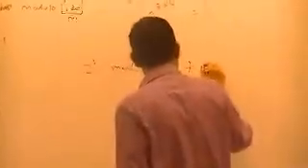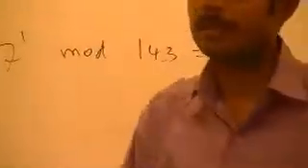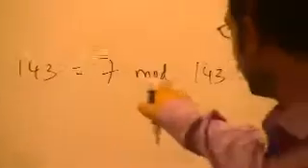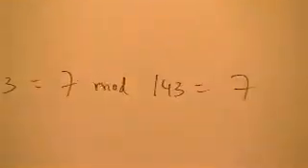So 7 raised to 1 mod 143 is 7 mod 143, that is 7. Anything divided by a larger integer is that integer itself.